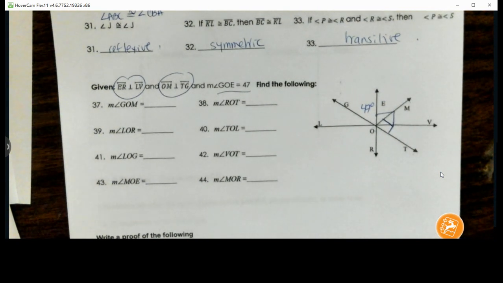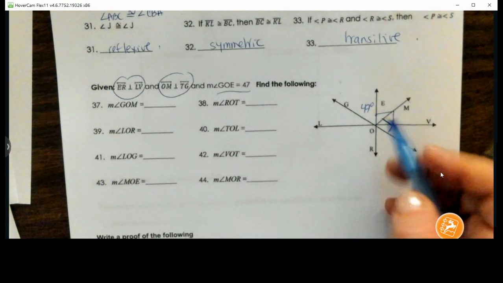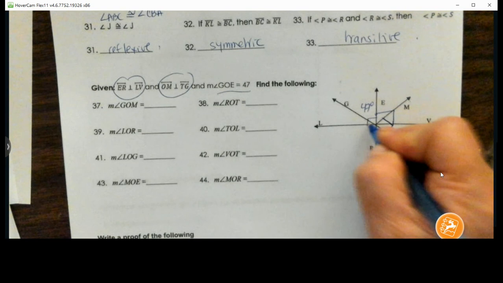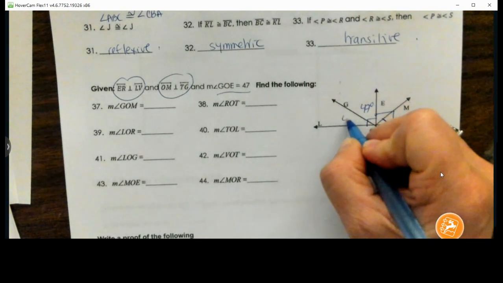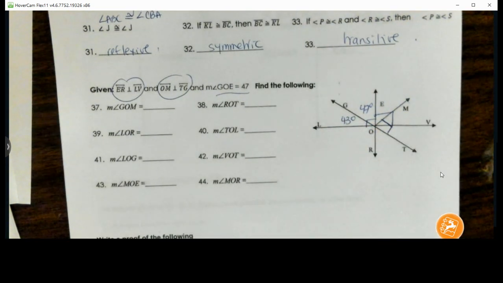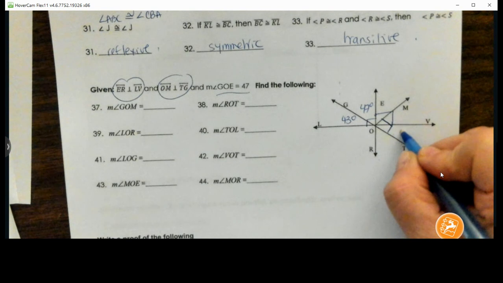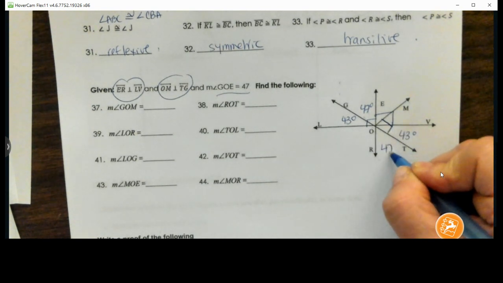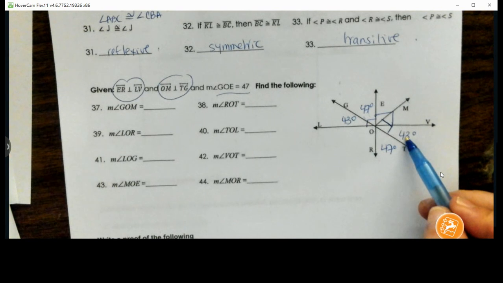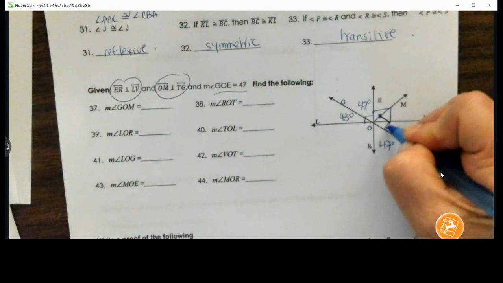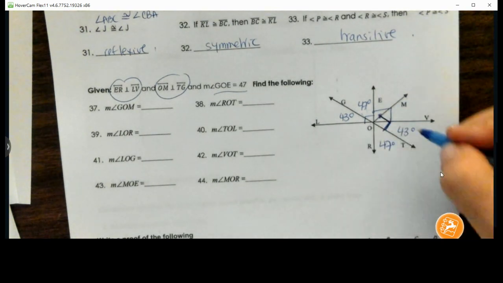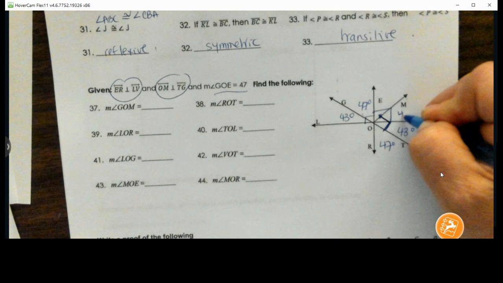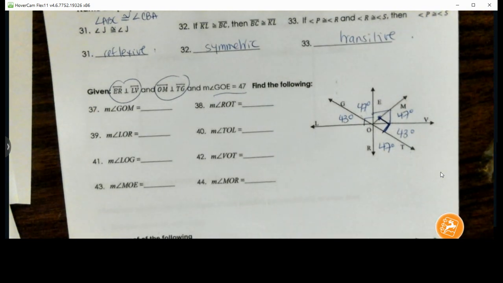And now we could start figuring this out. If this is 47 and this is 90, that means I know this is 90 and this is 43. These two are vertical, so I'm going to write 43 and 47. Once I have 43 over here, I know that it's 90 for these two angles, so I'm going to write 47 over here.